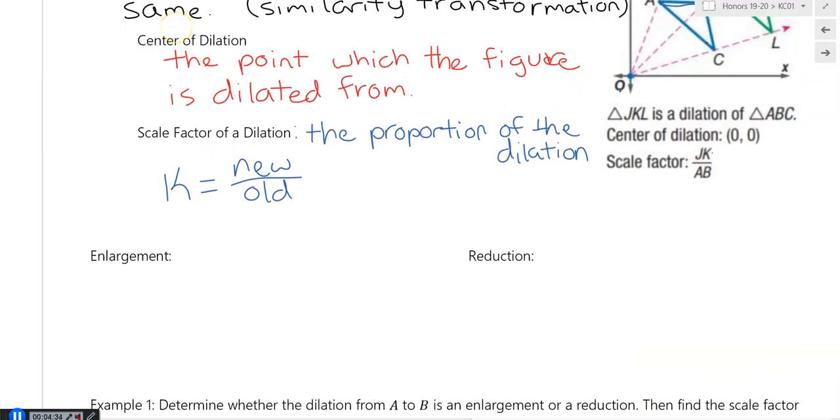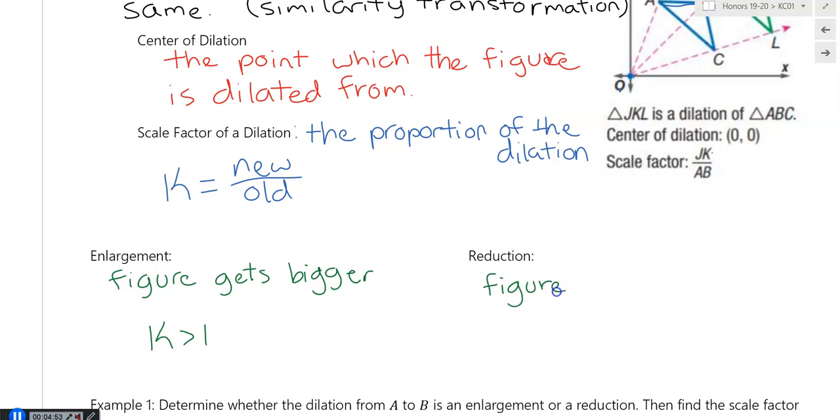We have an enlargement, where the figure gets bigger, and if it's an enlargement, then K is greater than 1. And then we have a reduction, where the figure gets smaller, and K is less than 1.